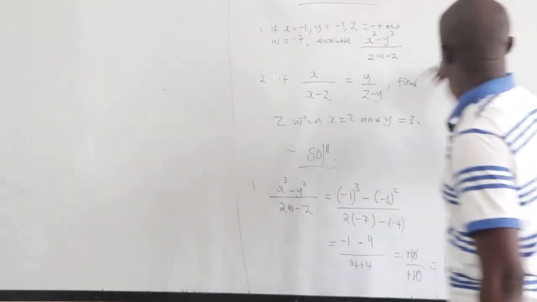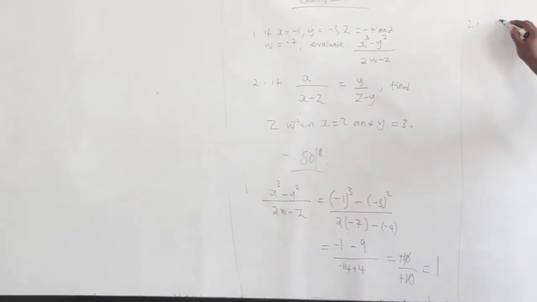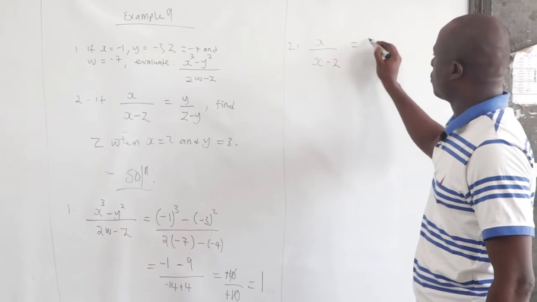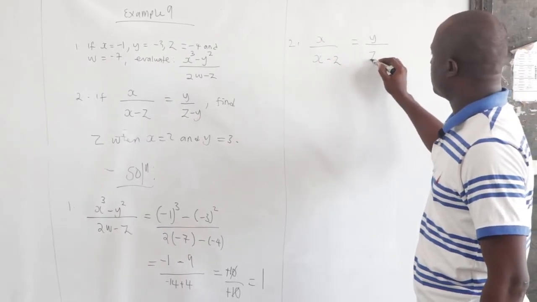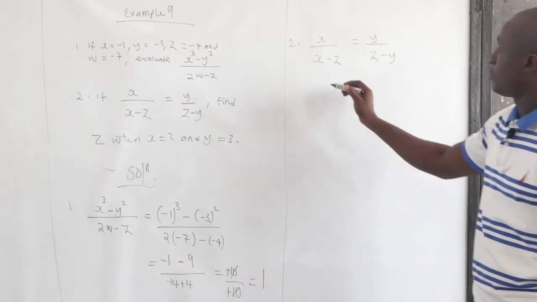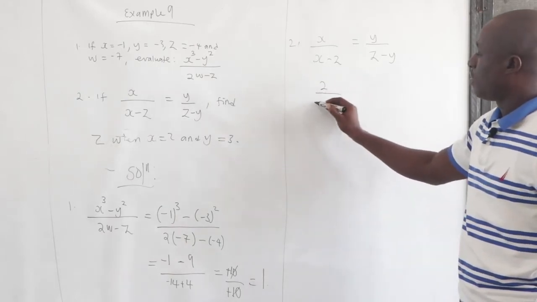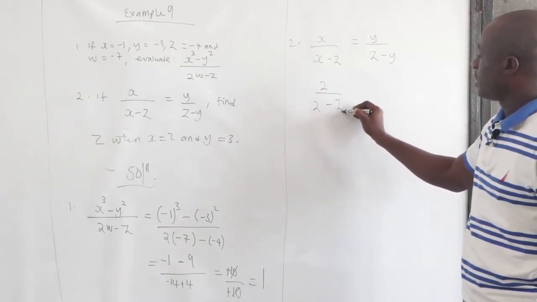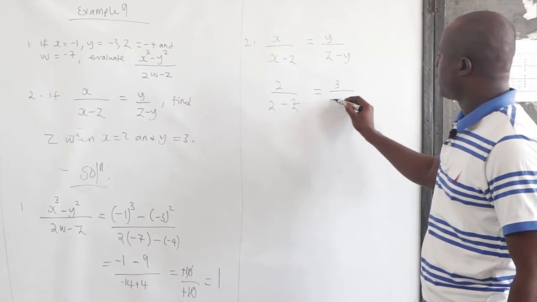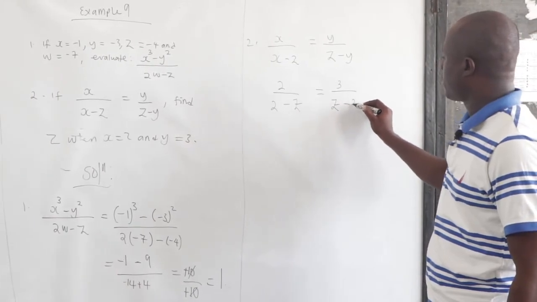Now let's see the second one. Question number 2. We have x all over x minus z equal to y all over z minus y. Now what is x? x is 2. So you have 2 all over 2 minus z equal to y. What is our y? 3 all over z minus 3.